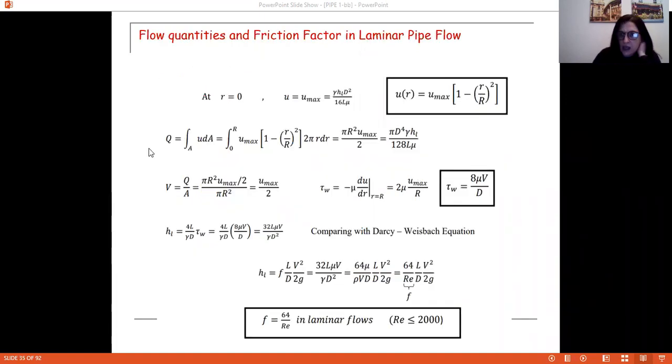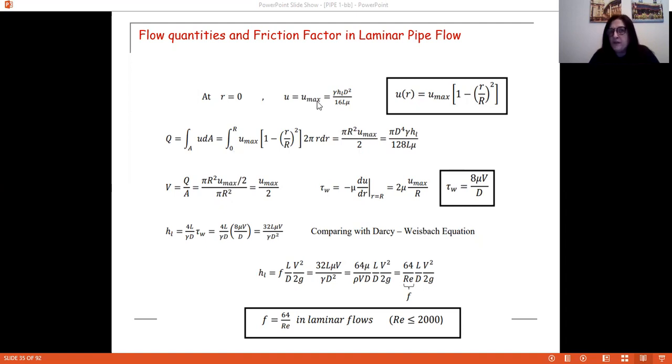Now, the discharge is calculated as the integral over the whole area of u dA. And for u, you can simply write this. dA will be written in terms of radius, and of course it will be equal to 2 pi r dr. If you take this integral, which we had taken a lot in 272, you can obtain that discharge is equal to pi R squared U max divided by 2.